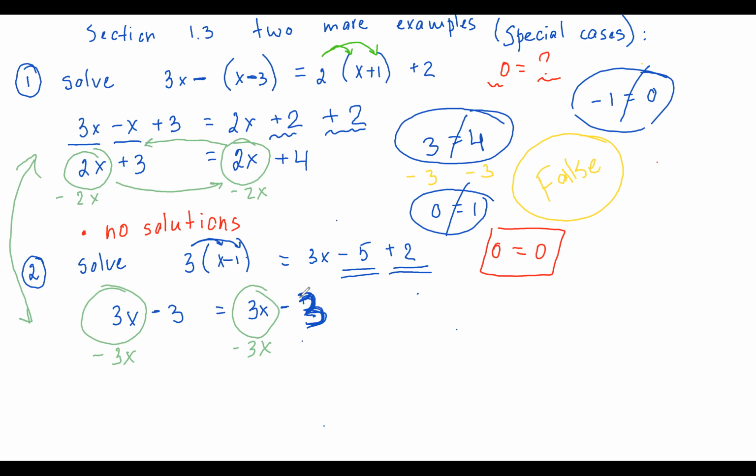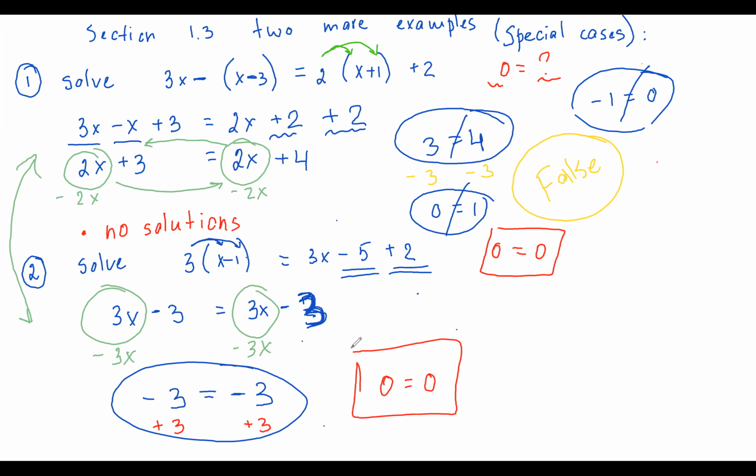So once again, the x disappears. We are left with -3 equals -3. So I'm getting the statement that -3 is -3. What I can also do is add the 3 to both sides. So here, plus 3, plus 3, and it will give me the statement 0 is equal to 0, right? Exactly what I'm aiming at here.